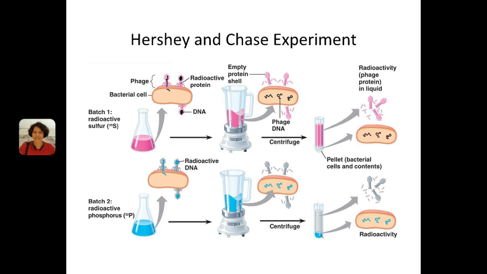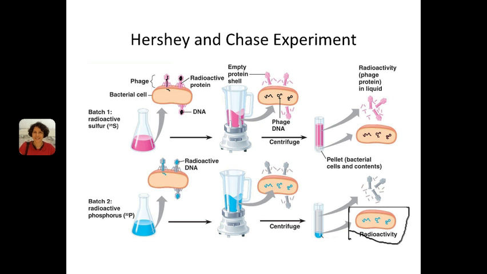In both of the groups, the group in which the protein was labeled and the group in which the DNA was labeled, only the DNA was entering the bacterial cells. But when you do the blending and the centrifugation, you find that if you label the DNA, then you will find it back inside the bacterial cells.